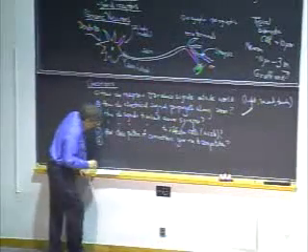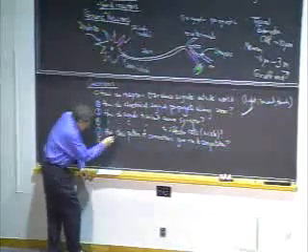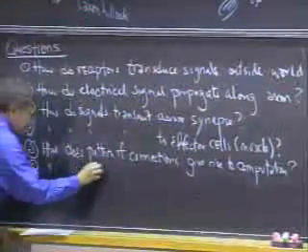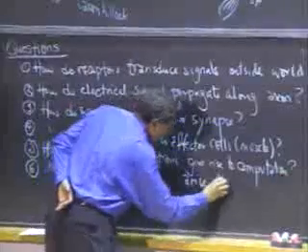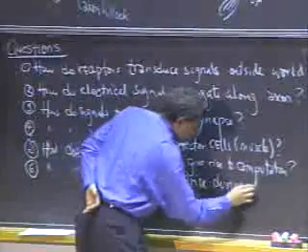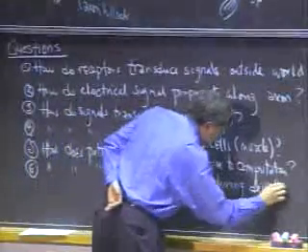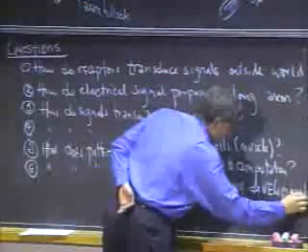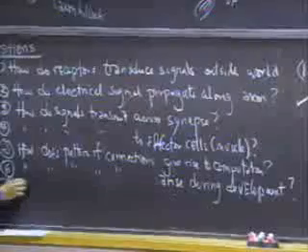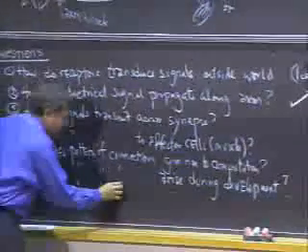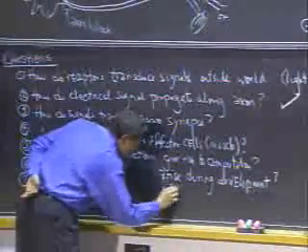How does this pattern of connections arise during development? That's a fascinating question, and a lot is known about it, but we're not going to talk about it in this course. How does this pattern of connections get modified by experience?